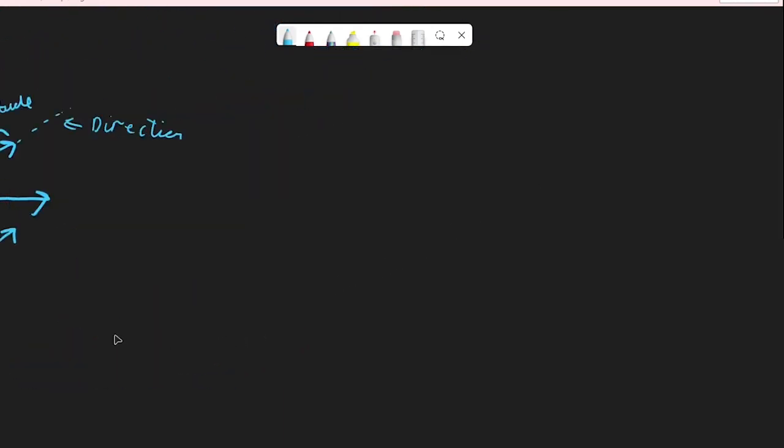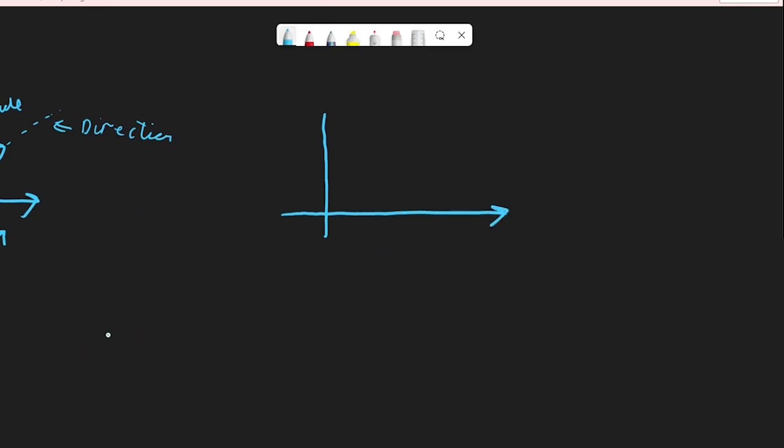You could also go the other way around, and I could draw a vector here like this, and I could say 1, 2, 3, 4, so we know it goes to here and here. And then if I wanted to write this vector up, vector 2, then it will be 4 out on the x-axis and 3 out on the y-axis. So we could also go from the representation to the vector.